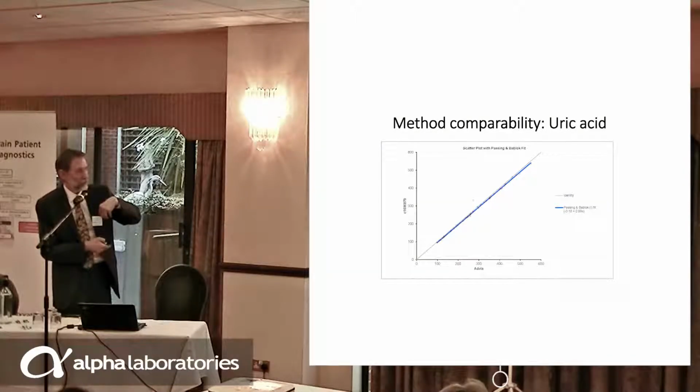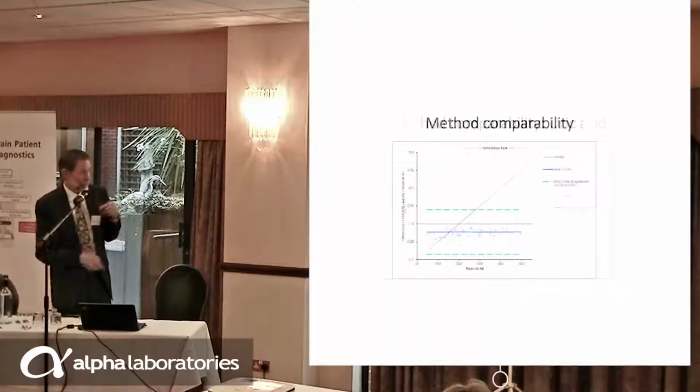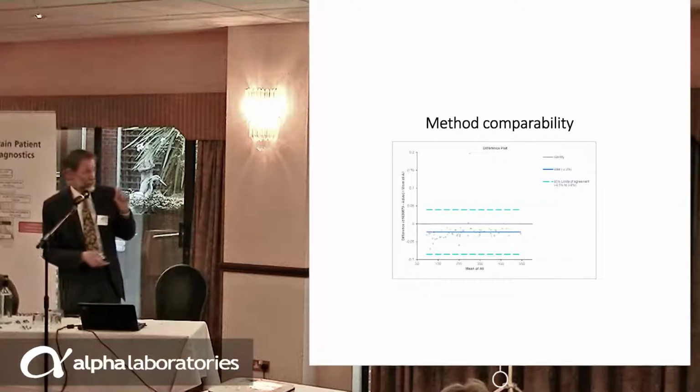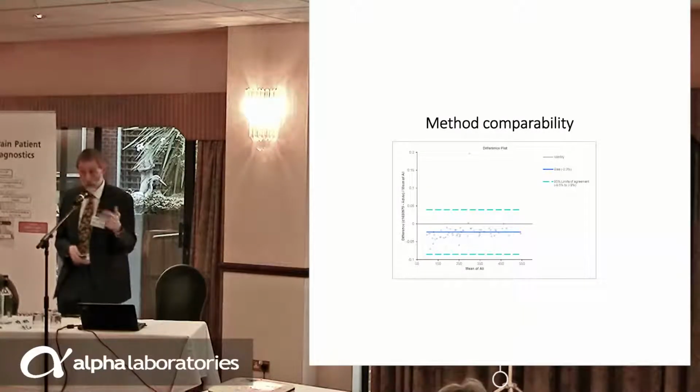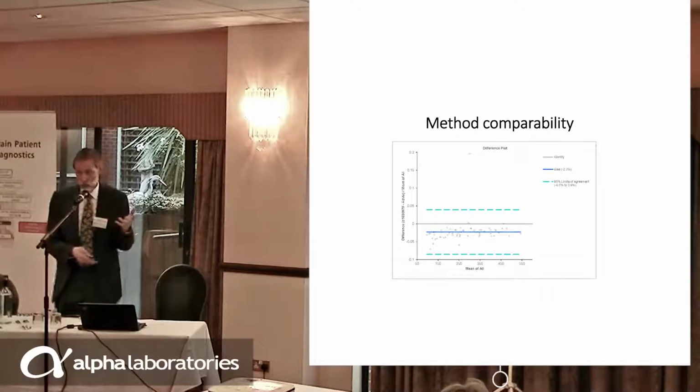But Passing and Bablok assumes error on both the measures, and therefore it's a much better way of looking at that data. The other thing I think is really important to understand method differences is to do a Bland-Altman plot.